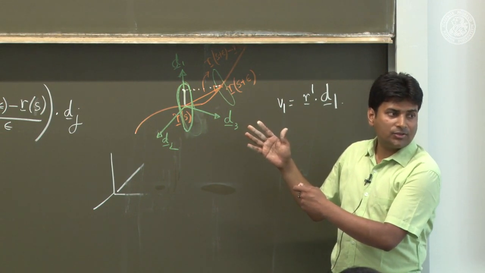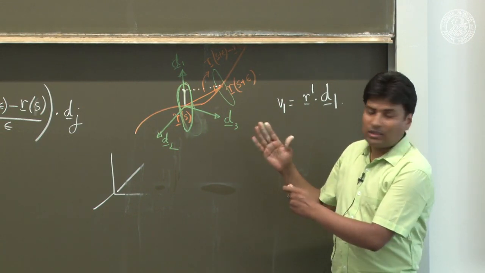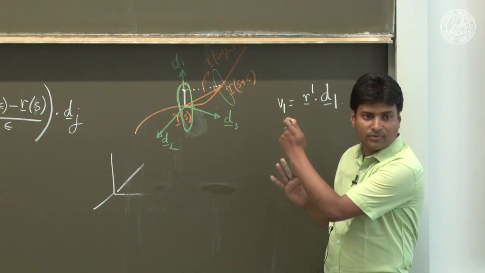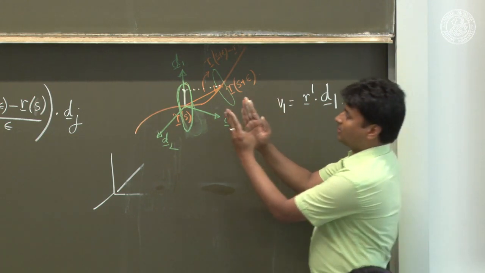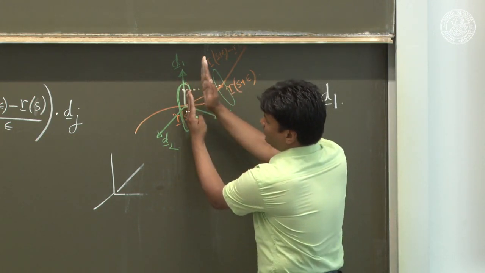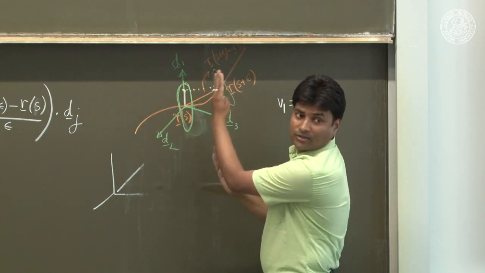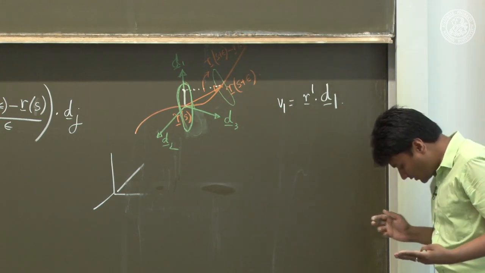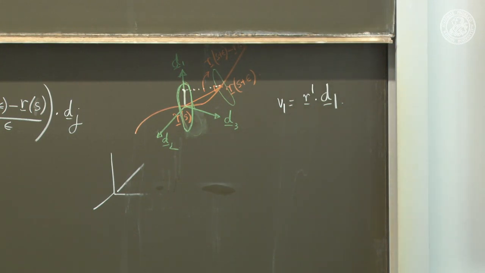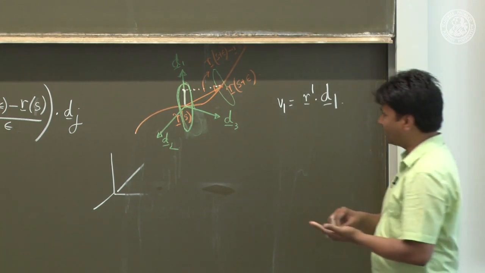As epsilon tends to 0, it's telling you the rate of transverse shift between two cross sections. What is that? Transverse displacement, what do you call it? Shear, right? Yeah. So that's the shear.